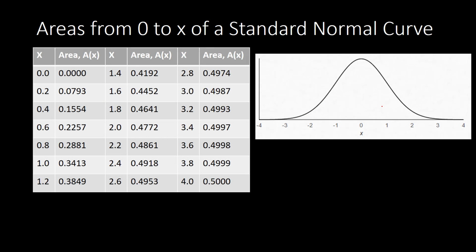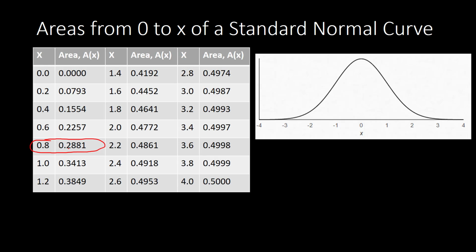So here's a table that you need to know how to use. With this table, we see that we have two columns. We have an X column and then the area column. And you see that the columns are repeated, so we have 3 sets of X and 3 sets of area. So how to interpret this table is we look at an X value. So let's pick 0.8, for example. So looking here at 0.8, there's an associated area with it.